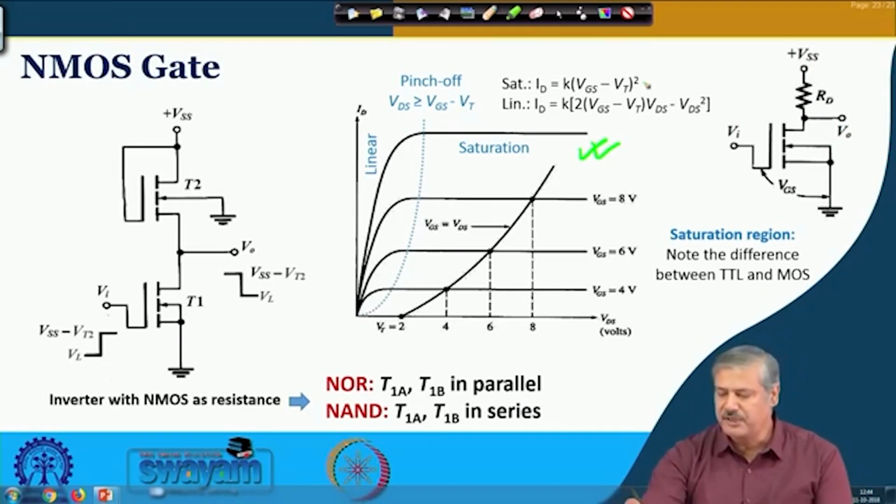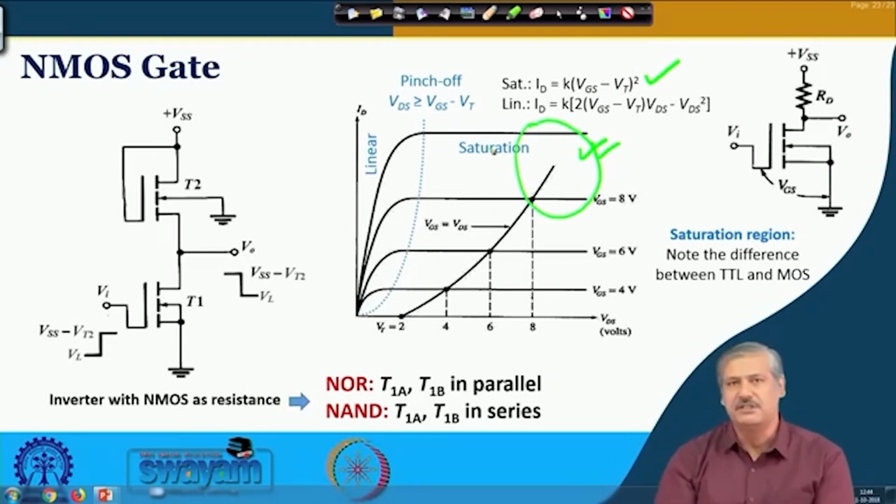You have two different equations. This is the equation in the saturation region. This saturation region is similar to the active region in our earlier discussion, and we shall use this equation later. Take note of it for the CMOS discussion. And this is the equation for the linear region.